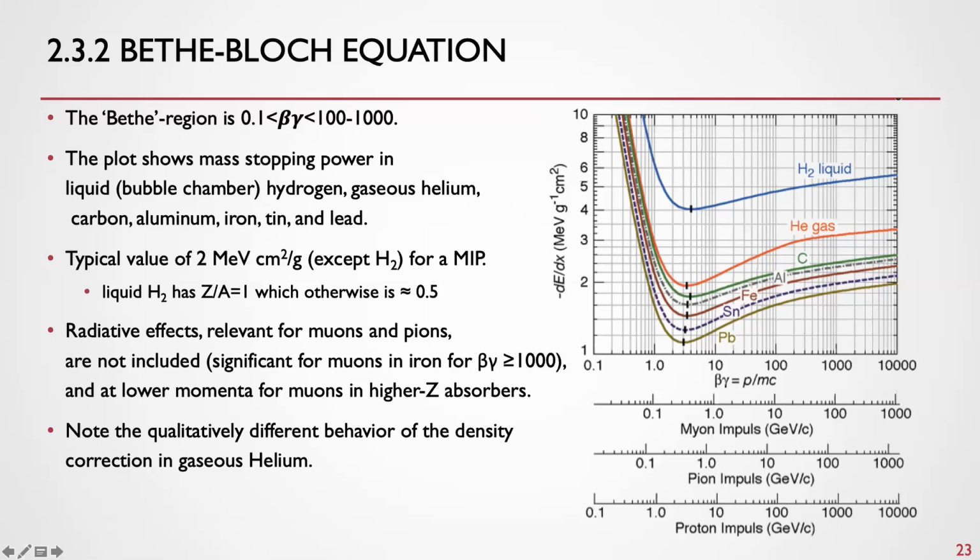Most of the shapes are very similar. If you look at helium, you see a slightly larger increase here. It has a slightly different behavior. The reason for this is a density correction in gaseous helium, because the transverse reach of the electric field is finite.